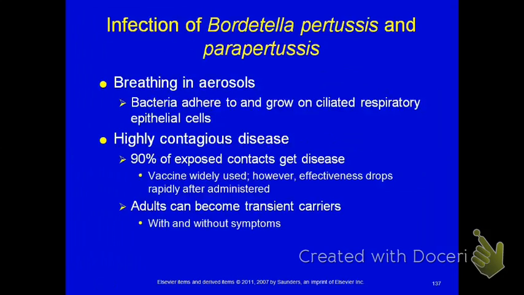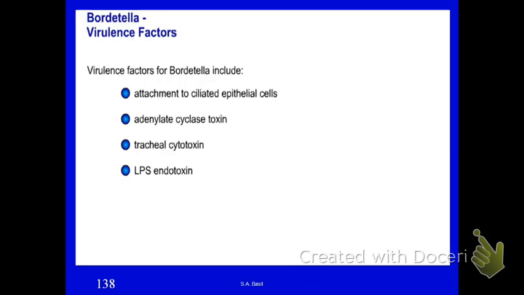Some adults do not have symptoms, and they keep on cuddling these toddlers, kissing them, and in doing so, you are transmitting Bordetella to these kids. So, if you don't want these kids to get infected, then might as well have them vaccinated with DPT.